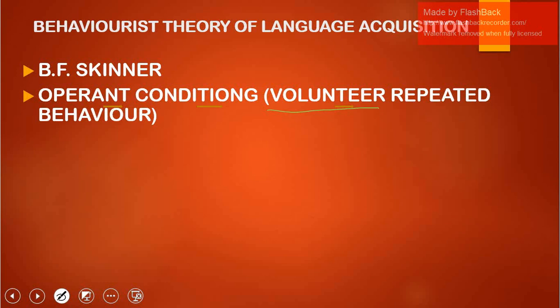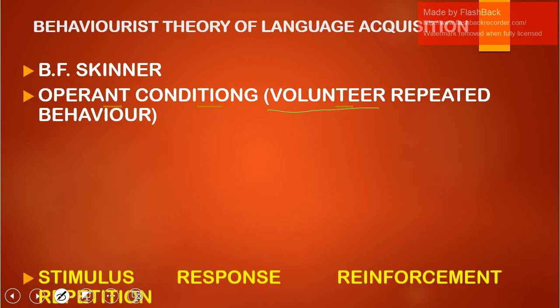You are not forced to do that. I will only reward it if you say the word right or correct. Then this becomes a voluntary free will repeated behavior. You will repeat that behavior on your free will, and this procedure helps you to learn language, and this theory is all about learning the language in that way.